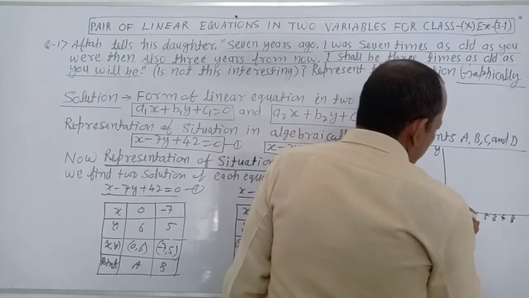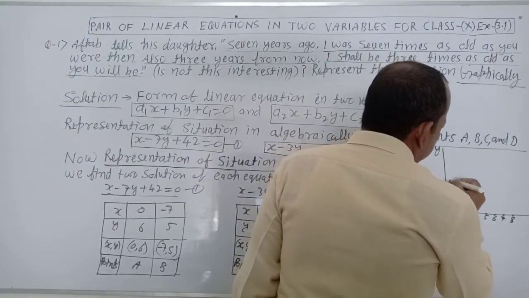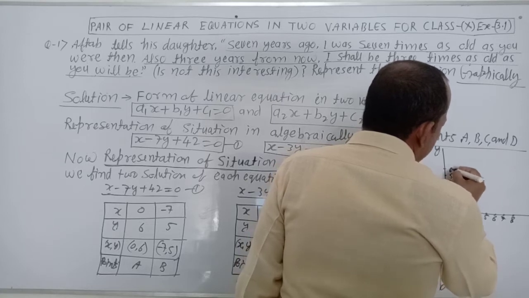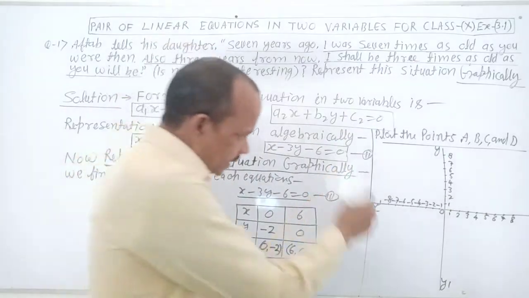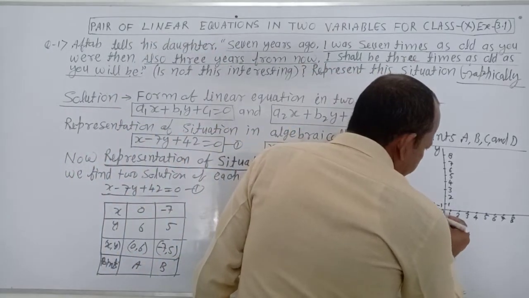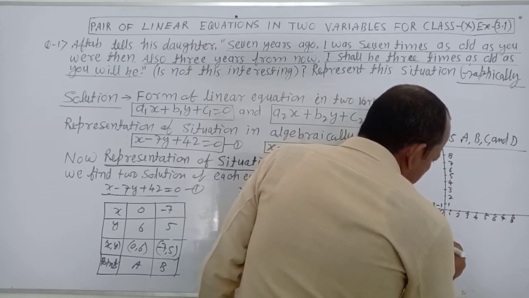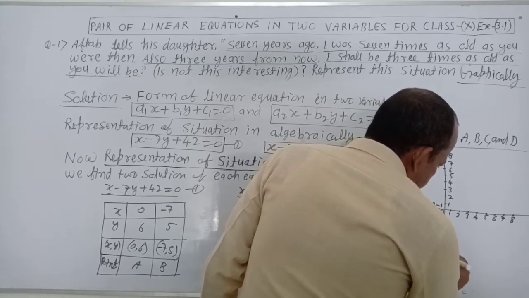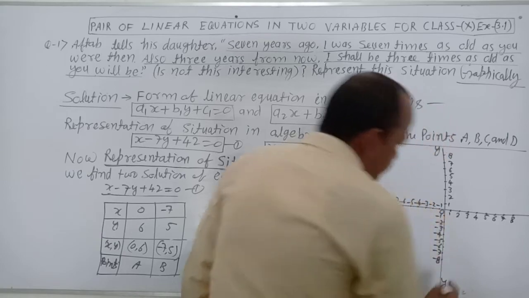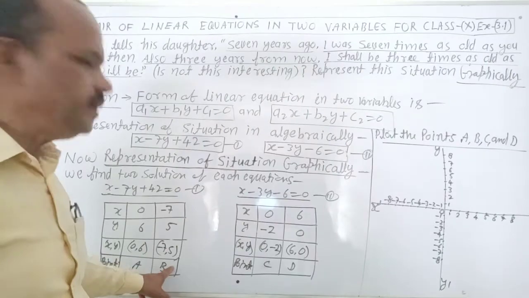Here 1 2 3 4 5 6 7 and 8. Here -1 -2 -3 -4 -5 -6 -7 -8. Clear? You plot point A and B.